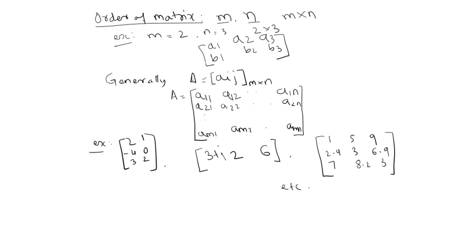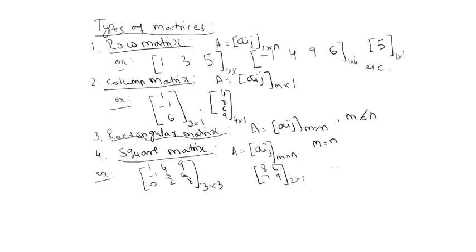Then we have seen the types of matrices; there are generally 7 to 8 types. A row matrix is a matrix with a single row. A column matrix is a matrix with a single column. Next is the rectangular matrix, in which the number of rows and columns may not be equal.